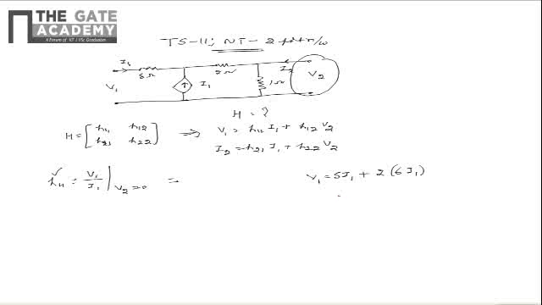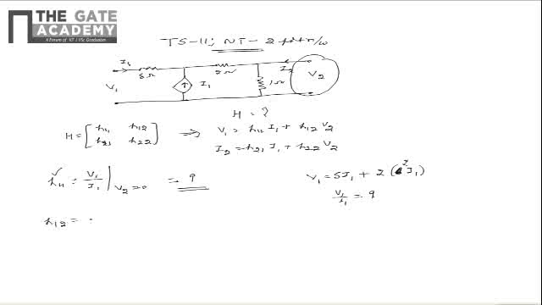And upon simplifying this, we see that V1 by I1 is equal to 9. From this, we can say that H11 is 9.